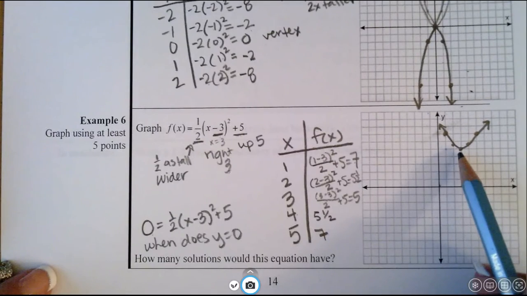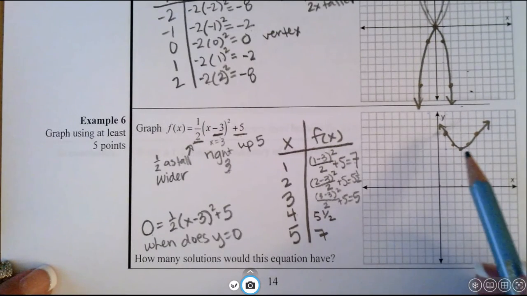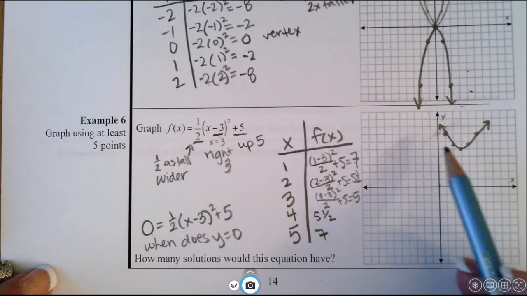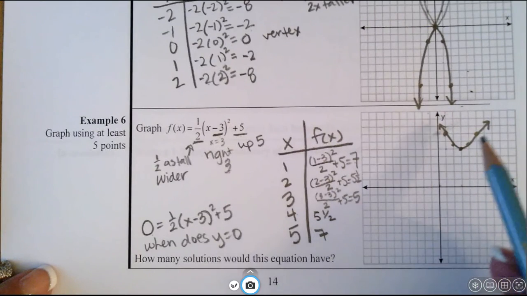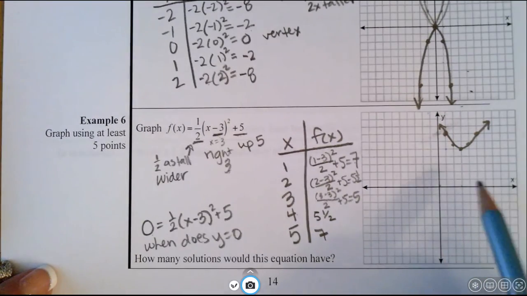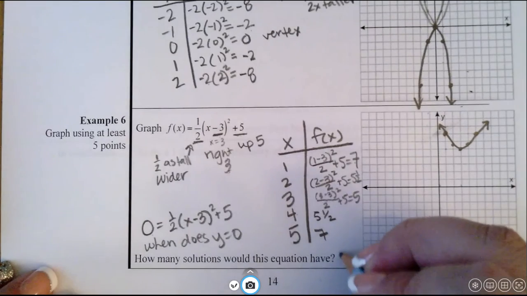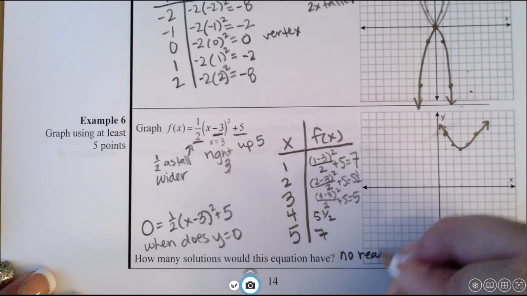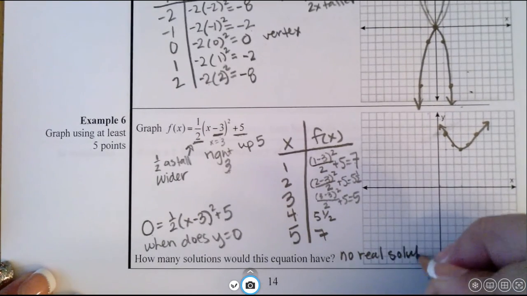Well, looking at this parabola, will it ever equal 0? It goes up on the left and up on the right. So this will never cross our x-axis, or the y value will never be 0. So this has no real solutions.